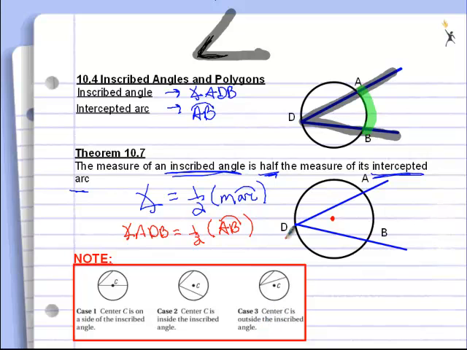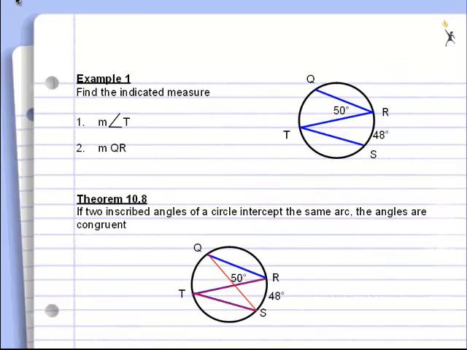The best way to know it is an inscribed angle is anything where the vertex is on the circle itself. This rule, where the angle is half the intercepted arc, applies anytime the vertex is on the circle. And we're going to practice that on the next page.